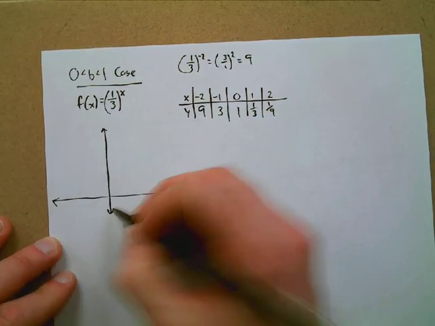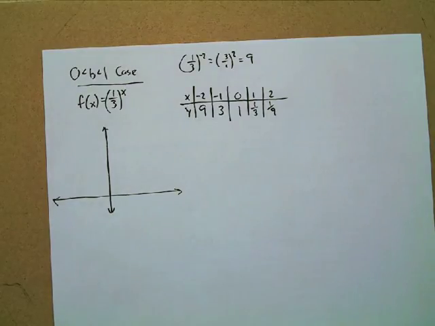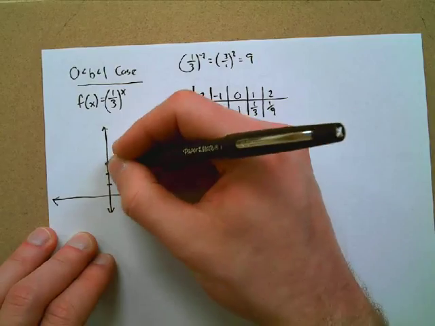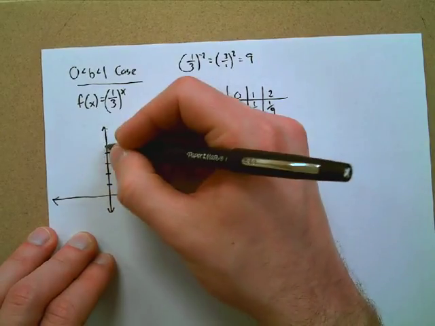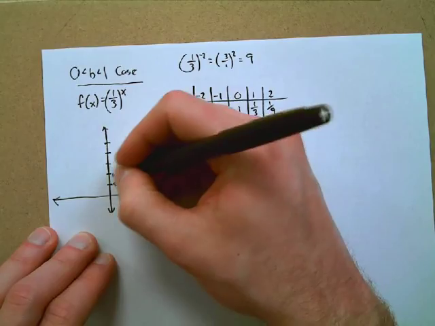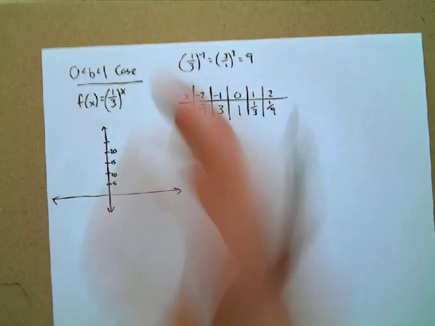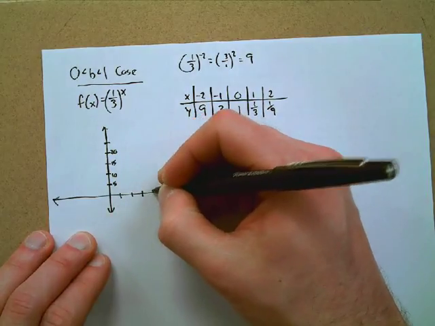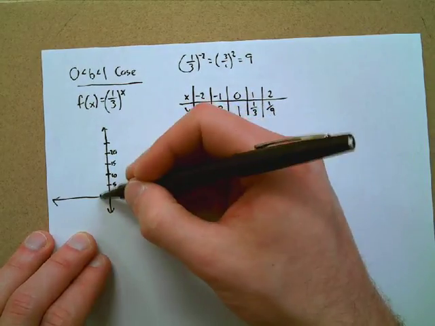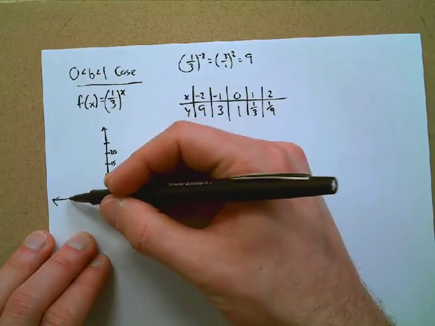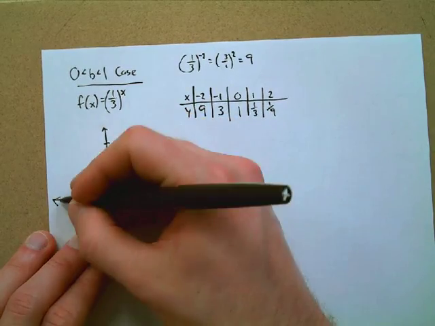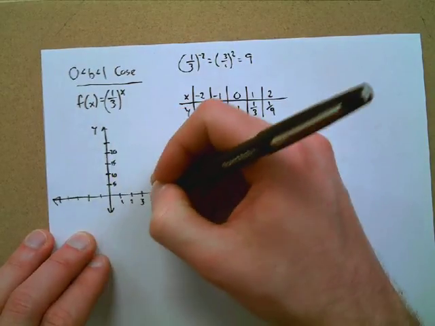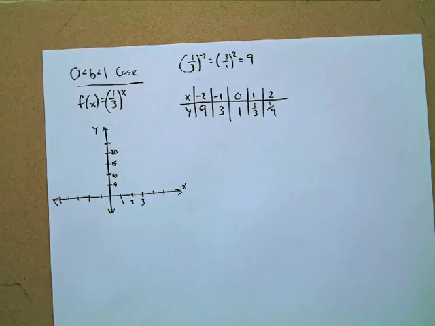Okay, I'll count by 5s again on my y-axis. Again, I'll count by 1s on my x-axis. And plot these points here.